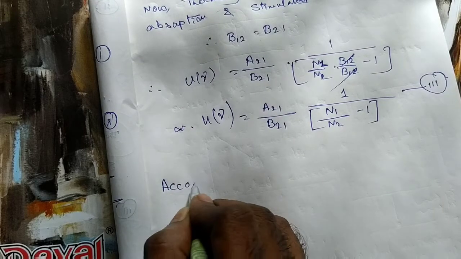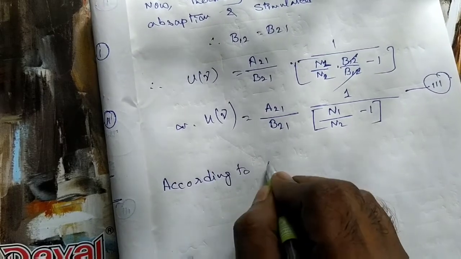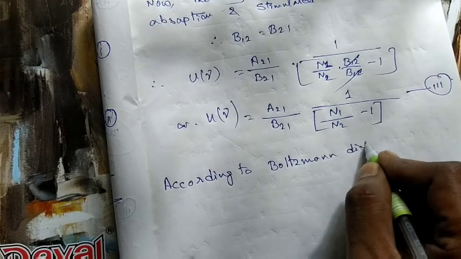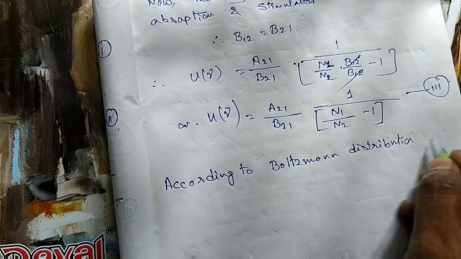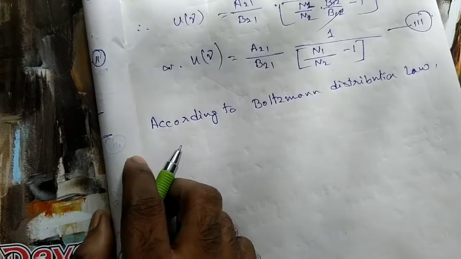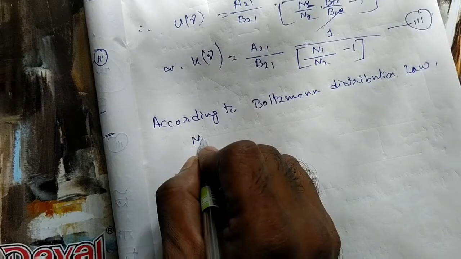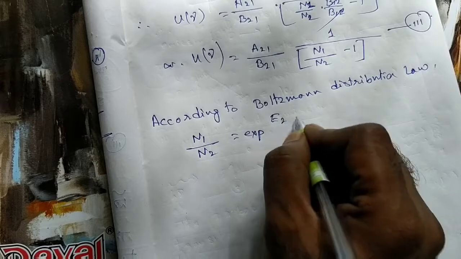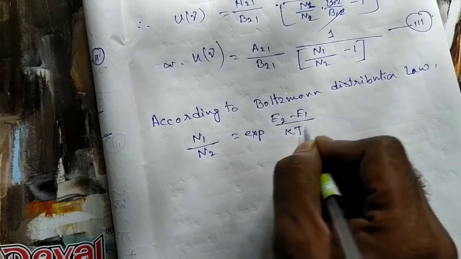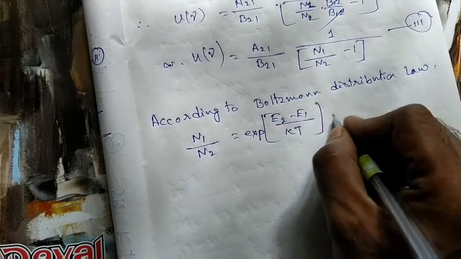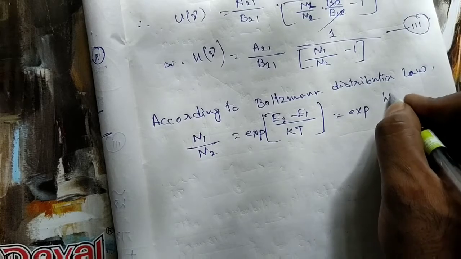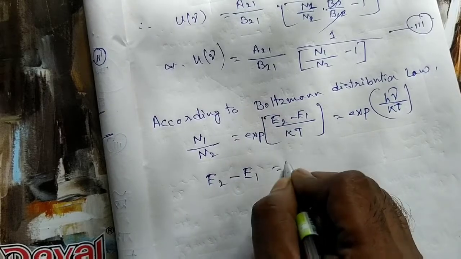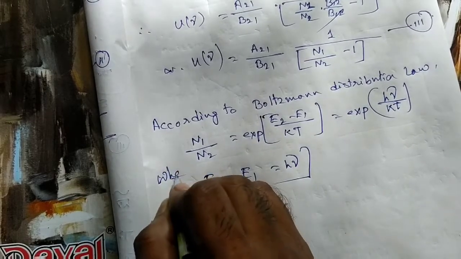Now according to the Boltzmann distribution law, we know that N1 by N2 is equal to exponential of E2 minus E1 by KT, or exponential of H nu by KT, because E2 minus E1 is denoted by H nu.